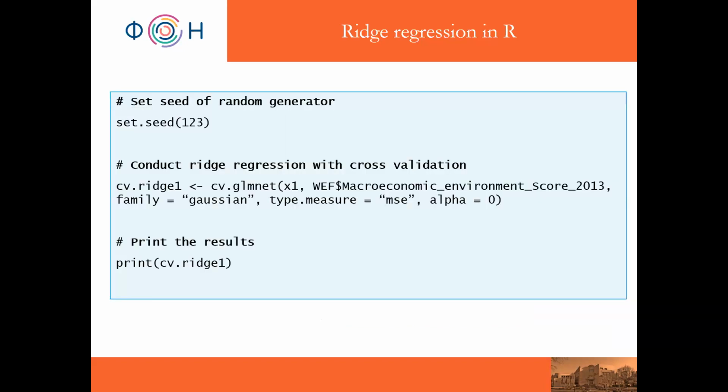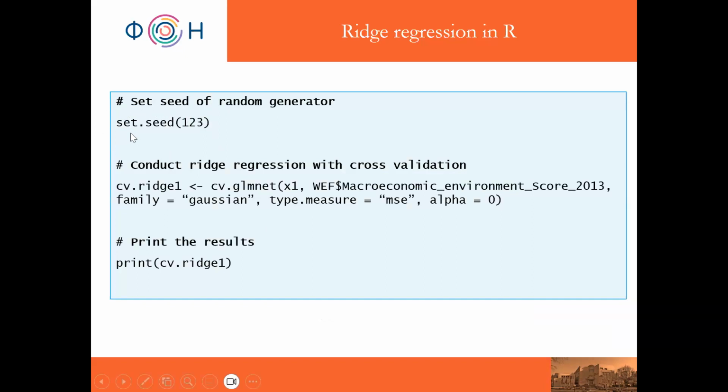My suggestion is, whenever you are conducting analysis with cross-validation, sampling, bootstrapping, and so on, if you want to be able to reproduce your results, it's best to set the seed of your random generator.